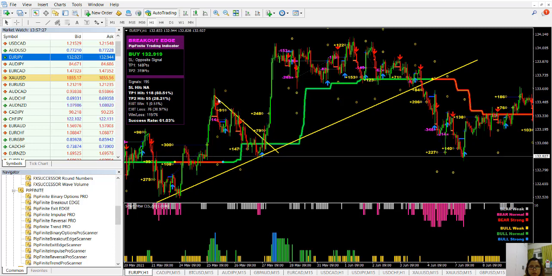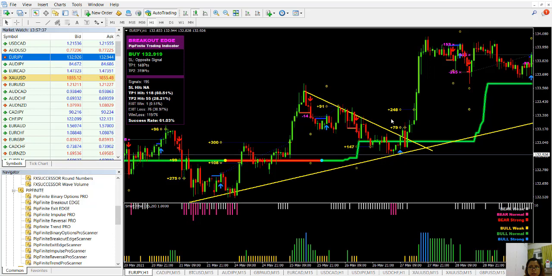So for example here, for a correction, let's see. What type of candle, or what is the strength behind the break? This is a great indication of strength behind the break because of the quality of the bar, which is a big green bar.